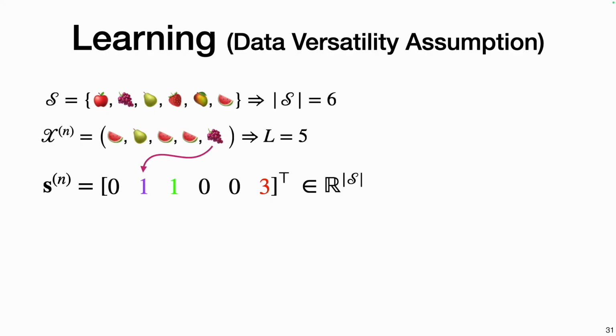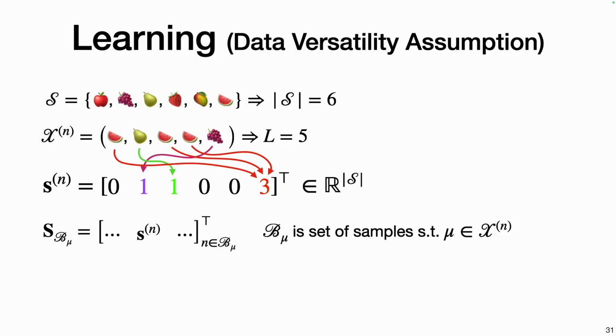But we have 1 grapes, so the corresponding entry is 1. Similarly, we have 1 pear, so the third entry is 1. And we have 3 watermelons, and the corresponding entry, the last entry, is 3. We also define a data matrix for each element in our domain.